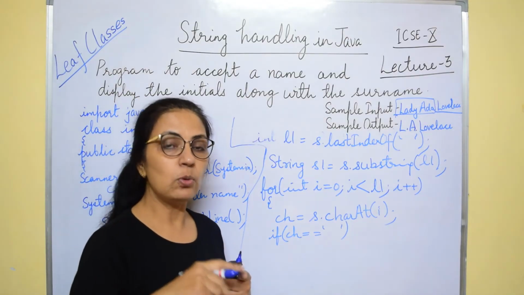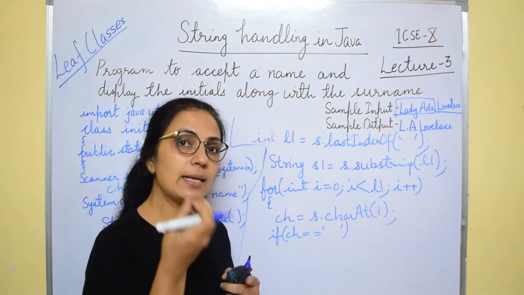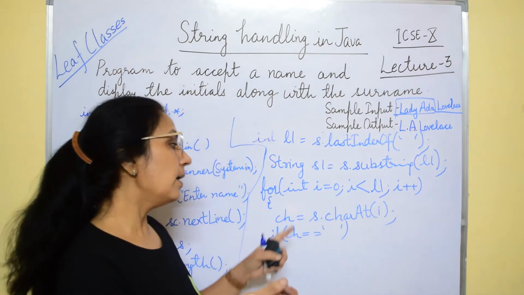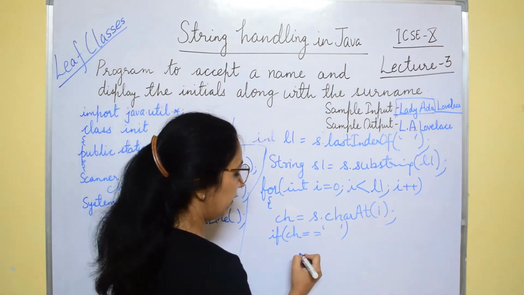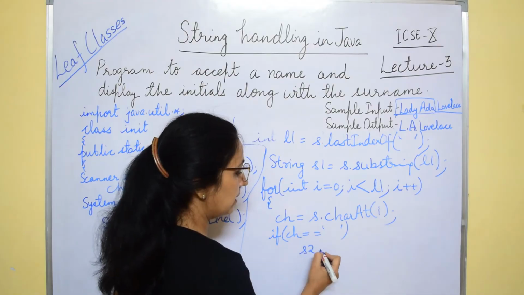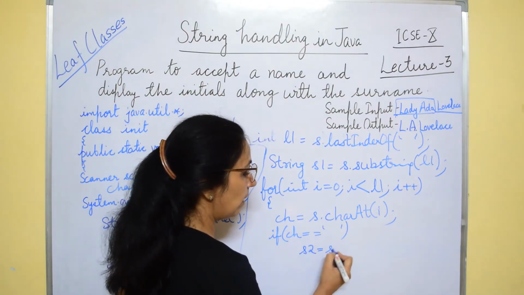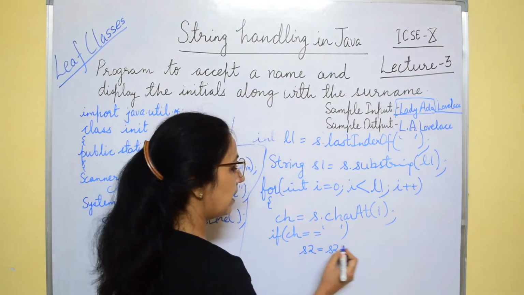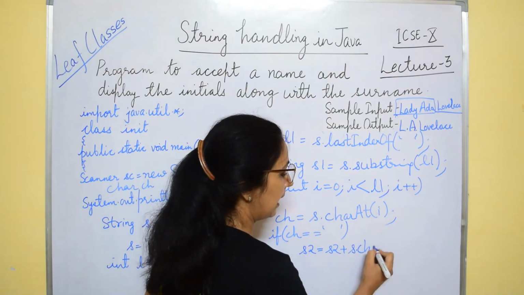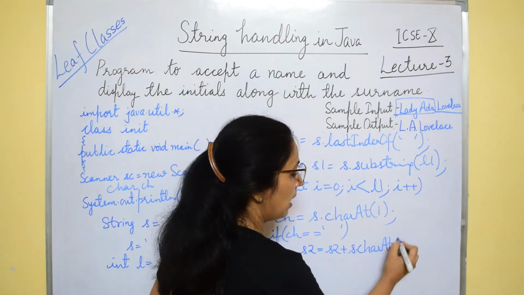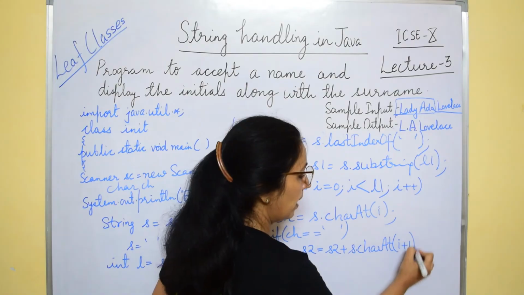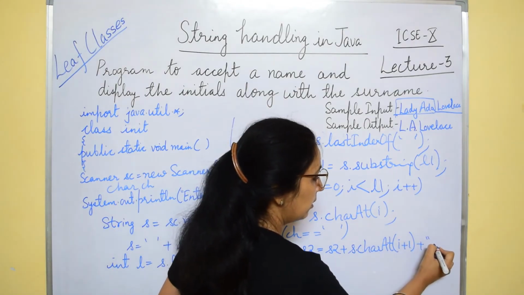We have to extract the next character after the space. Then for that we can take another string s2 equals s2 plus s.charAt(i plus 1) plus dot.